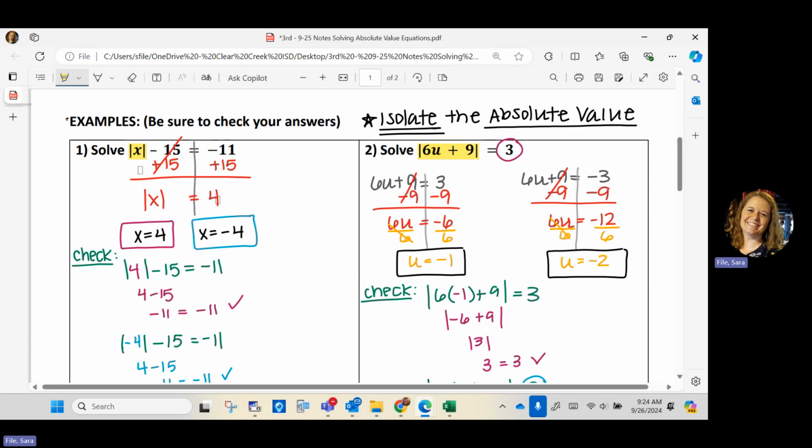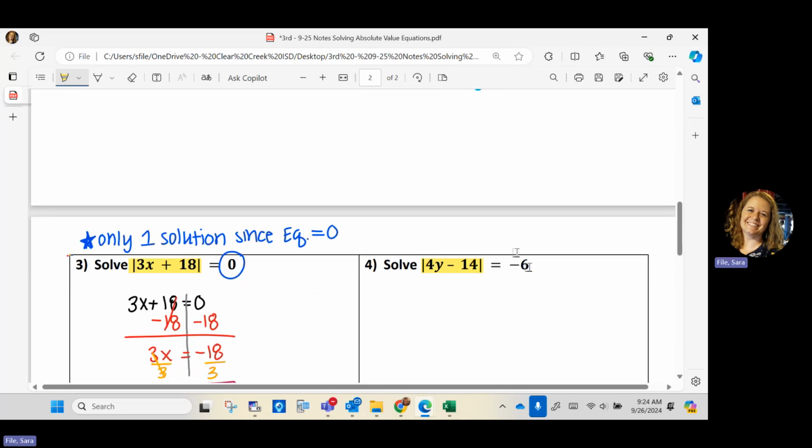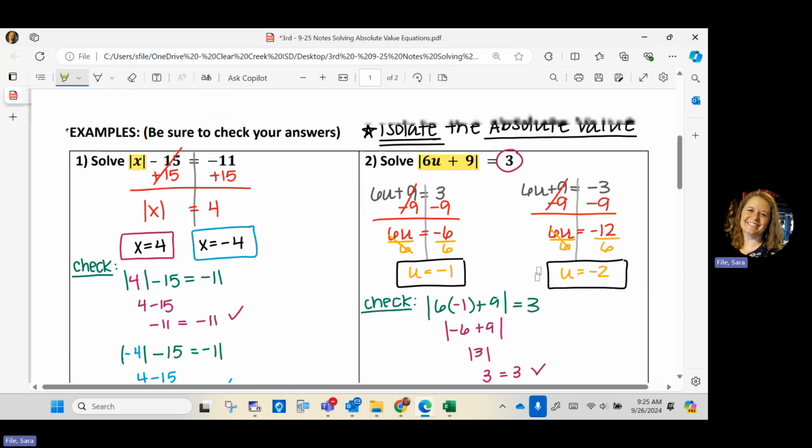The thing is, the inside, we separate it and set it equal to a positive and a negative. But that's the input. The output is what you set equal to over here. Your output for absolute value cannot be negative. Okay, come back to that number line.